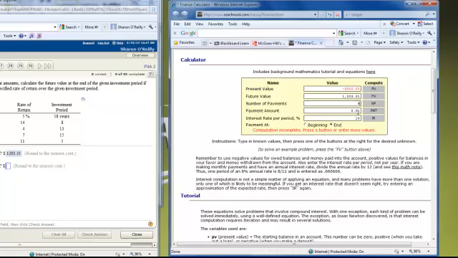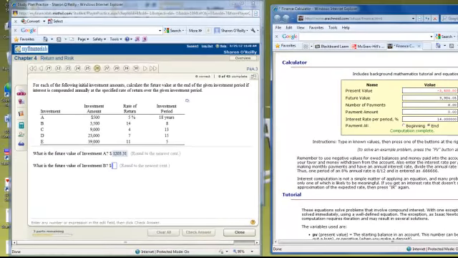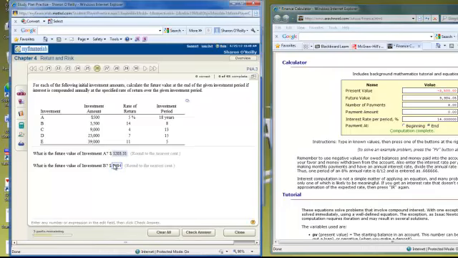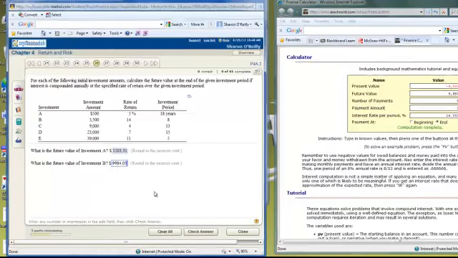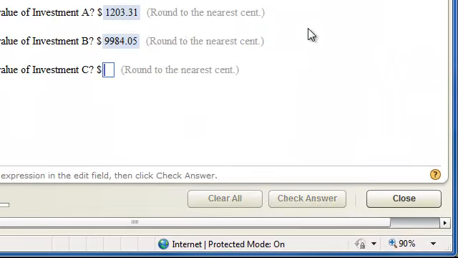Payment amount, that would be for a recurring every year type payment, like a mortgage payment. We leave that at 0. We click on future value, and we get $9,984. Enter that, check answer. Okay, so that gets you started on the first one.